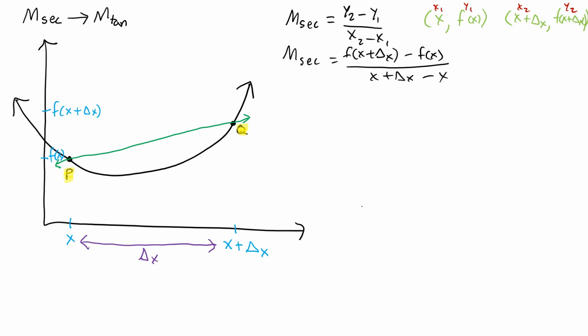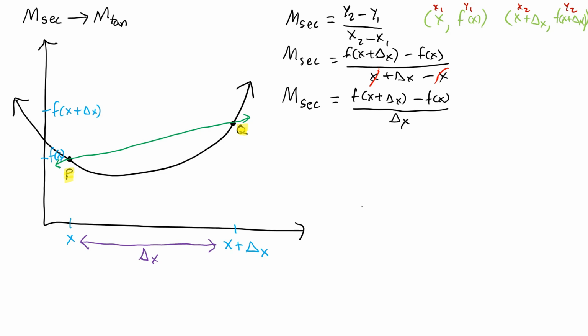So then we can cancel out the x's in the denominator. So then we'll get m secant equals f of x plus delta x minus f of x over delta x. All right, so we just got the slope of the secant line.